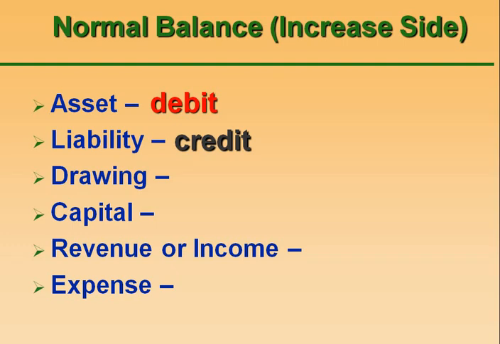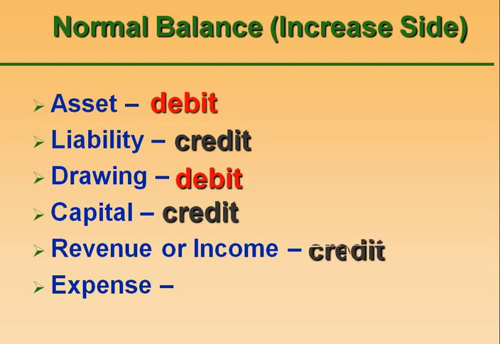What's the increased side of capital? Credit also. Very good. What's the normal balance of drawing? Debit. Revenue or income? Credit. And how about expense? Debit is the normal balance of an expense account.